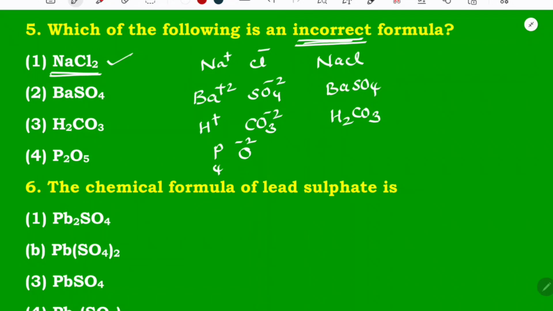Here 5 is given, so actually it is P4O10, the dimer, and we can write P2O5. So all these formulas are correct, but the incorrect one is NaCl2.